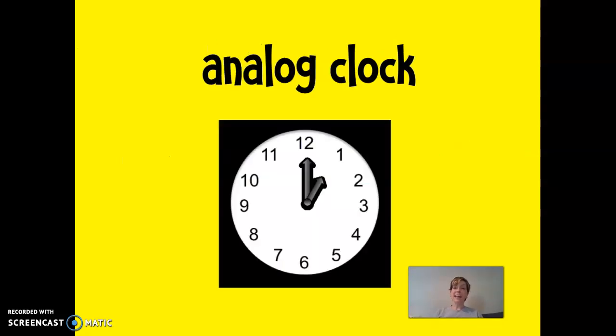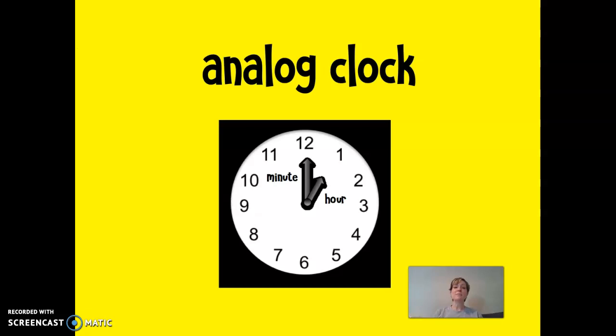You also learned about analog clocks, which have faces and hands. We read the time the same way. We start first with the hour. Hour is a short word, so that means that's the shorthand. This hour hand is pointing to 1.